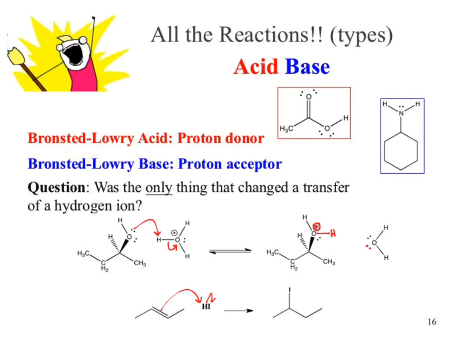Why would we call it an electrophilic addition and not a nucleophilic addition? In a nucleophilic addition, when I do the addition, the thing that reacts is a nucleophile attacking the pi bond. What happened here?